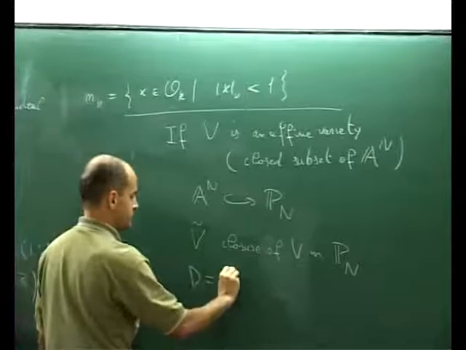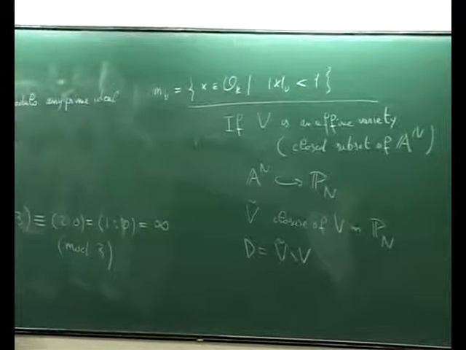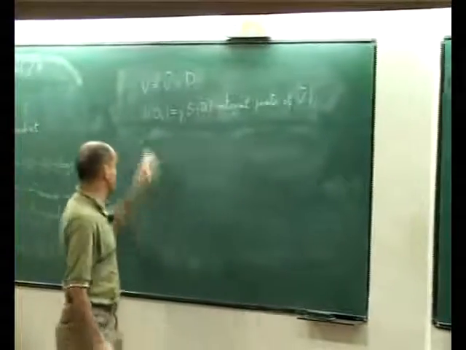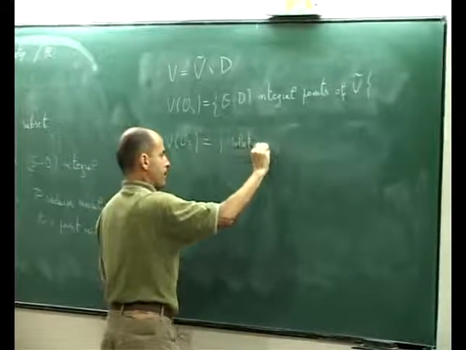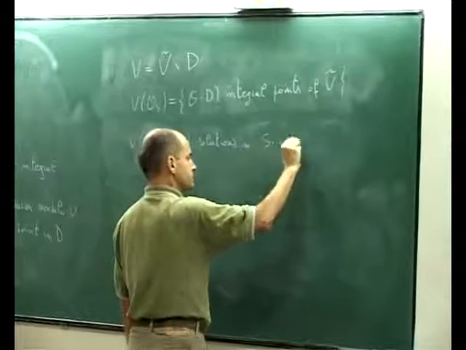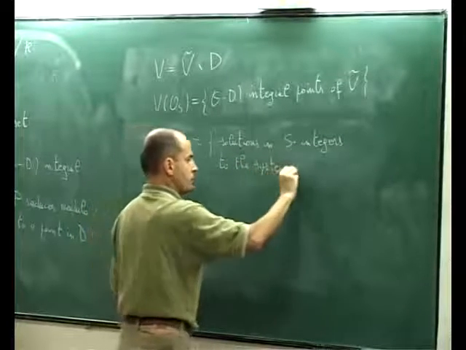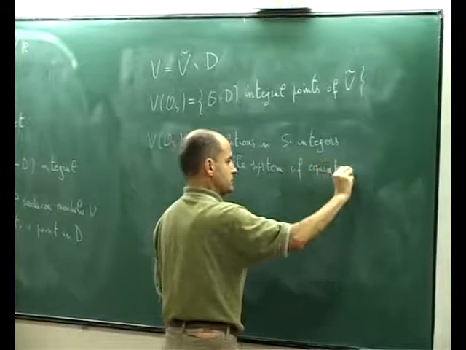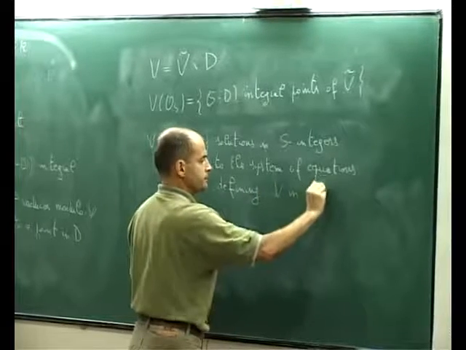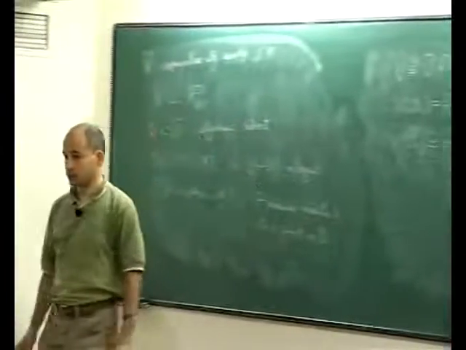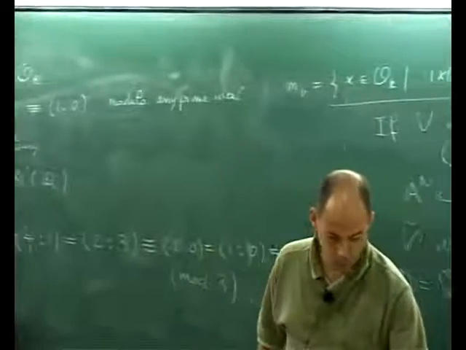Let D be the complement, V tilde minus V, and then the integral points V(O_S) are just the solutions in S-integers to the system of equations defining V. So the naive definition of integral points coincides with the more involved one I've just given, but the new one is more general.